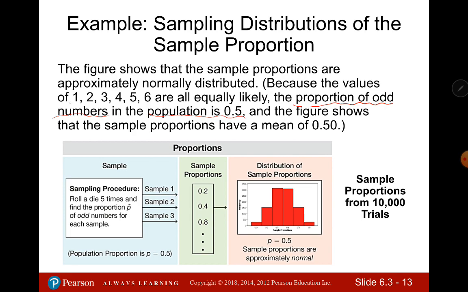Because we have 3 odd numbers and 3 even numbers. So odd and even are equally likely, and the proportion of odd numbers in the whole population should be 0.5. And by using the software, we know the mean of all the sample proportions is also 0.5. So this is our second property of sample proportions.